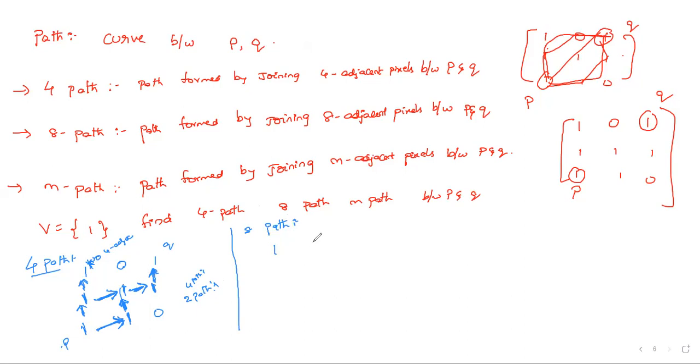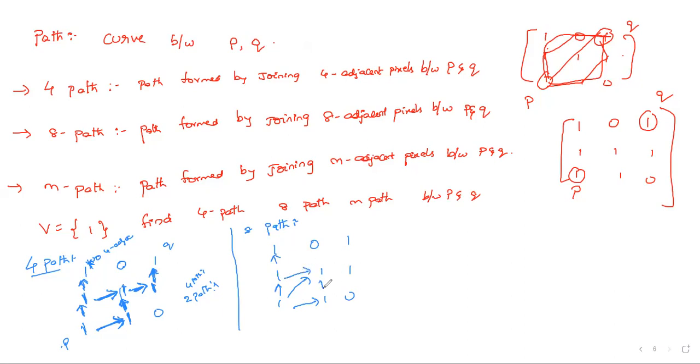8 path. 101, 110, 110. So you have to check horizontal and vertical as well as diagonal also. 8 path means horizontal, vertical. For this one, this and this.